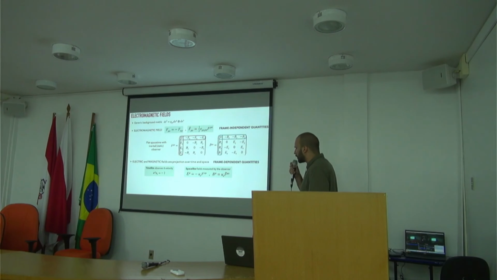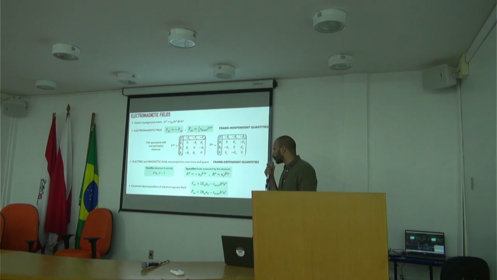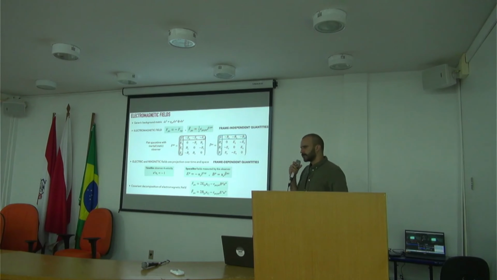So this is a sort of covariant definition of electric and magnetic field, but it's always referred to a specific kind of observer. And by means of this, we can also decompose the field strength and its dual in terms of these quantities, so in terms of the electric and magnetic fields and the four-velocity of the observer.